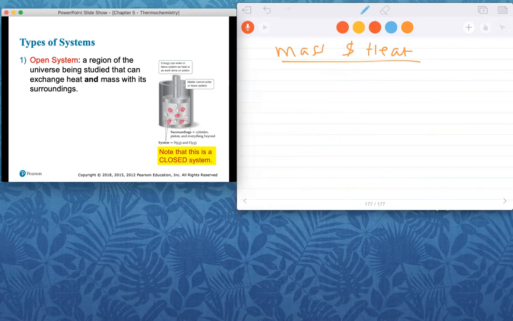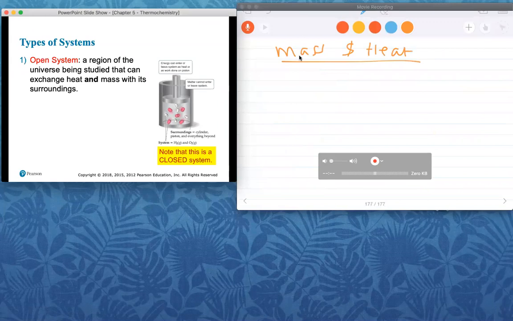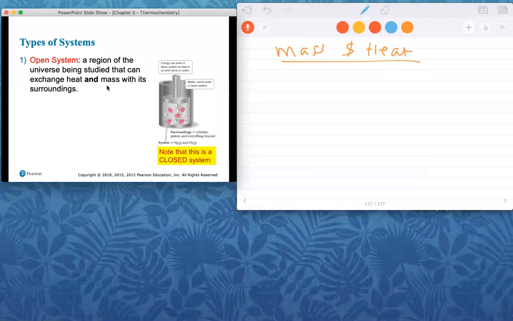You have to look at it in terms of three things: matter or mass versus what? Versus the heat. Is it being lost or is it being absorbed? For an open system, that means mass and heat are lost. But if only heat is lost but not mass, there's a way we talk about that. So open system, you lose both.